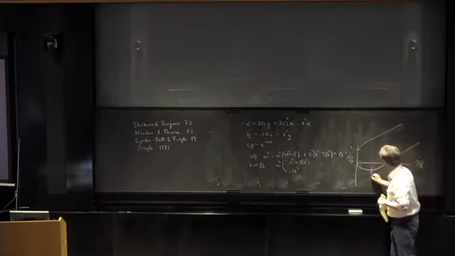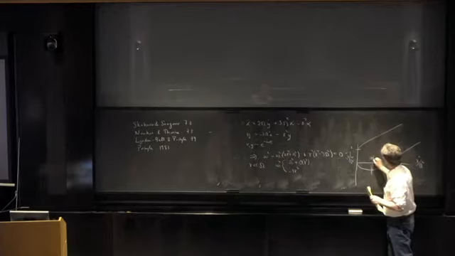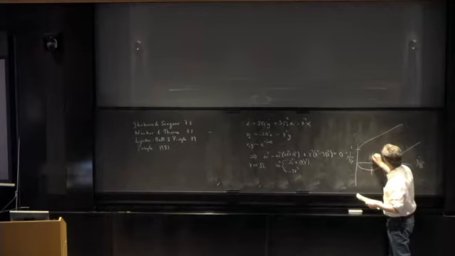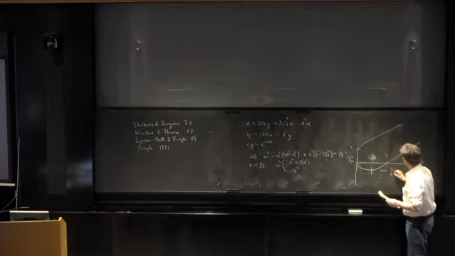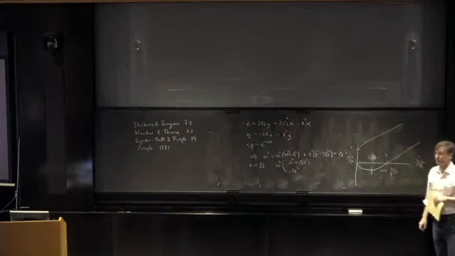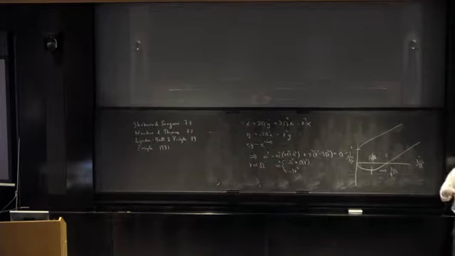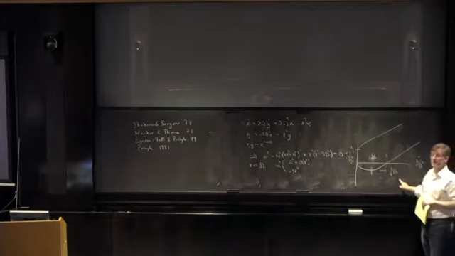There's a maximum here at 15/16 where the growth rate is a maximum, and the maximum growth rate is 3/4 omega. Okay, so this is what makes the MRI good for driving turbulence in disks.